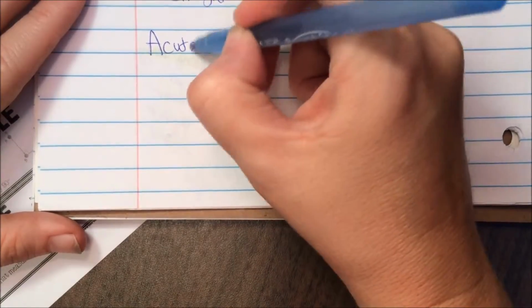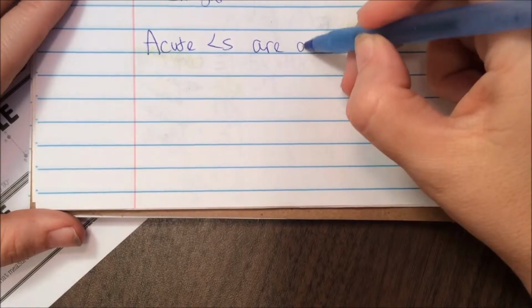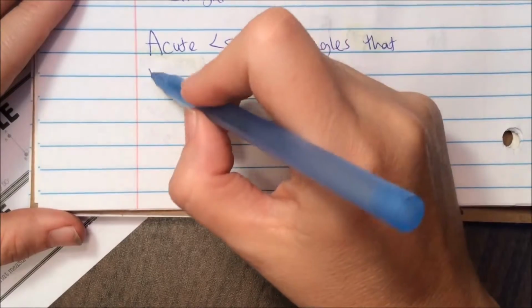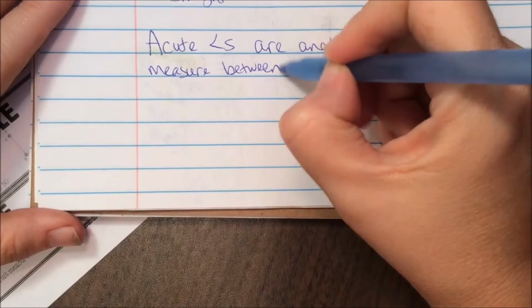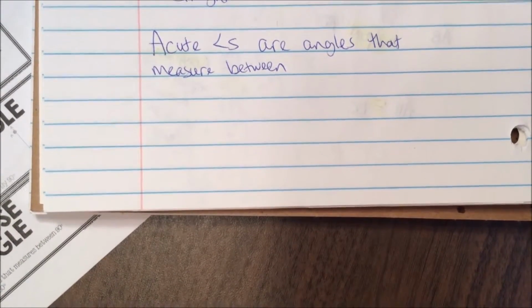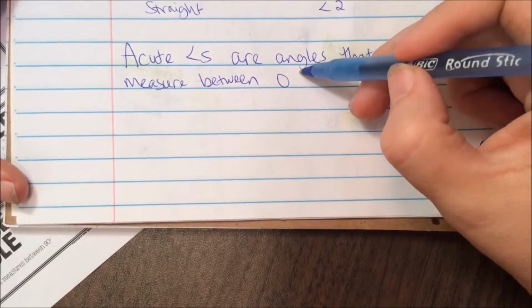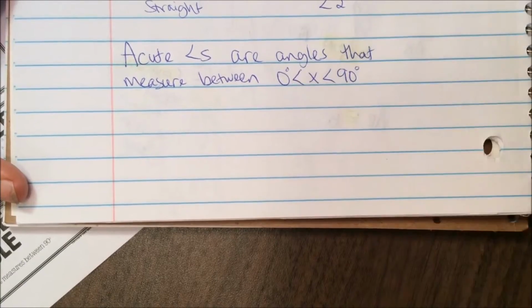Acute angles are angles that measure between, I guess technically 0, even though 0 wouldn't be possible because the angle wouldn't exist, but 0 and 90. Wouldn't it be exactly 90?